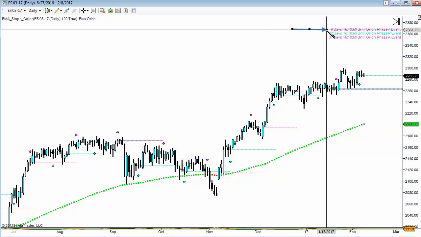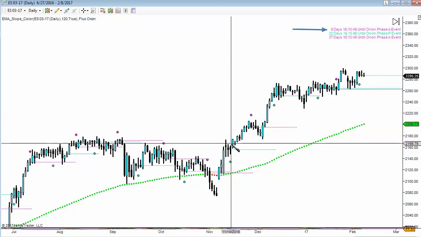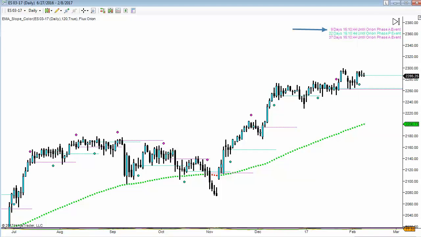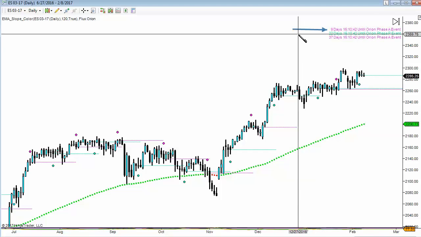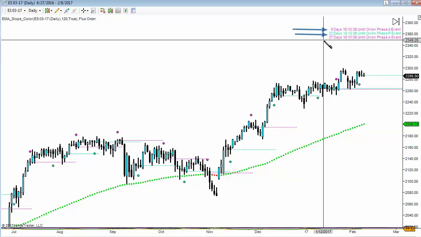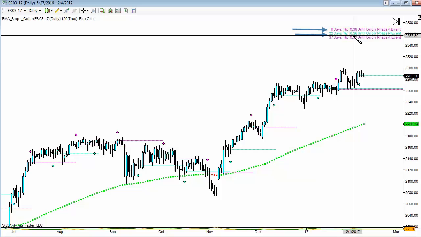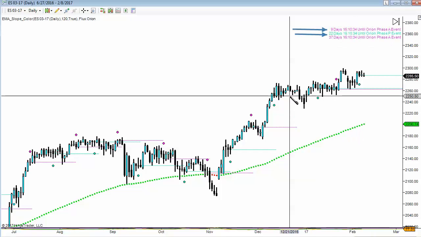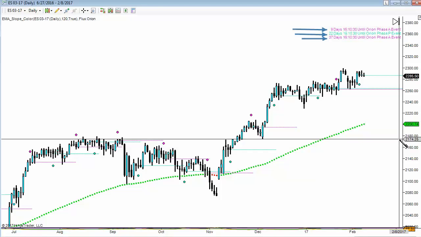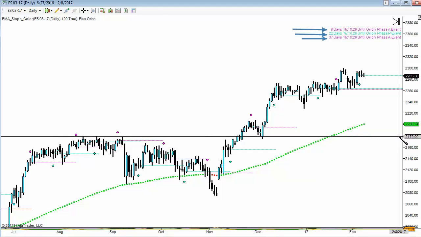And so the next red dot, for example, is going to occur in 9 days, 15 hours, 10 minutes, and 46 seconds. The next green dot in this chart is going to occur in 22 days, 15 hours, 10 minutes, and 35 seconds. And then the next red dot is 37 days, 15 hours, 10 minutes, and 28 seconds after that.